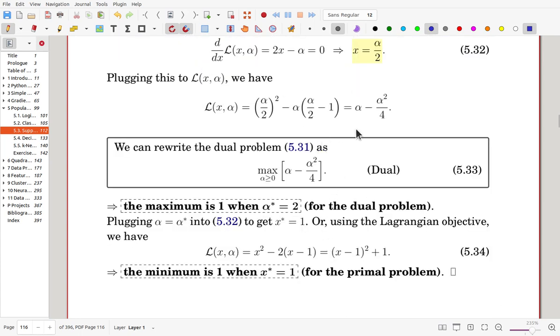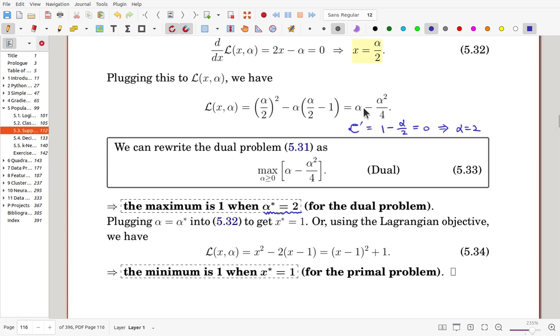To maximize it, again, you can use the derivative technique, so that once the maximizer is larger than or equal to 0, that will be the solution. If we take the derivative, that is 1 minus alpha over 2. If it is 0, then alpha equals 2. So we get the maximizer alpha star is 2.